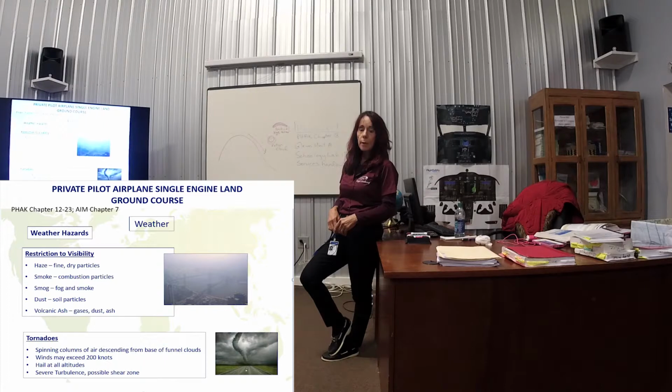The worst of volcanic ash is the poor visibility, and it can clog up your engines. Very little on tornadoes. Tornadoes are described as spinning columns of air descending from the base of a funnel cloud. Winds in a tornado could be over 200 knots, hail at all altitudes, severe turbulence, and possibly wind shear.